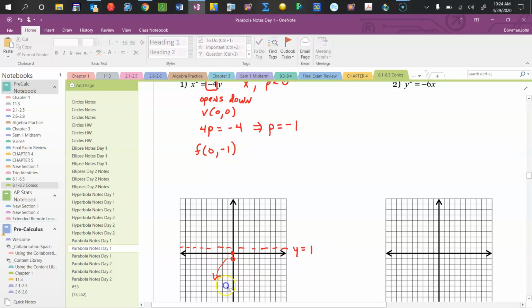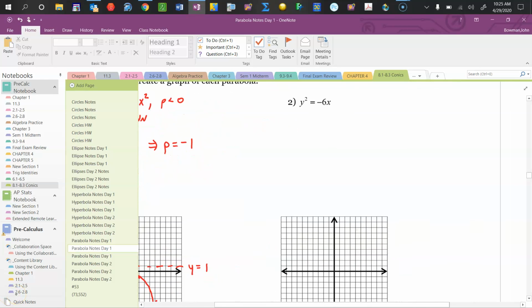Now I want to graph this accurately, and I know that the width of the parabola at the focus, 4 times the absolute value of p, is equal to 4. So I start at the focus, I go 2 in each direction, left and right, and now I can accurately graph this parabola with that given equation.